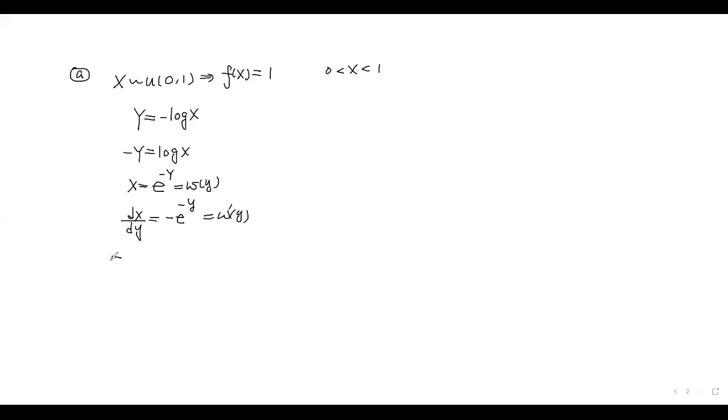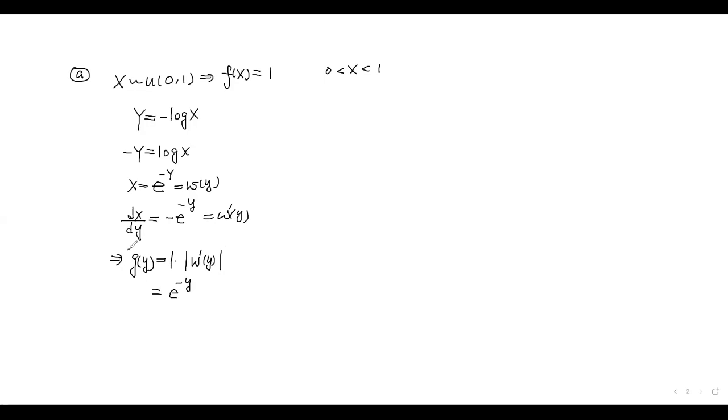So now I use my transformation theory I put on the previous page. g(y) will just be the f(x) you put into the PDF, but this is a constant, so it's 1 times the absolute value of W prime(y). So this will be e to the negative y here.